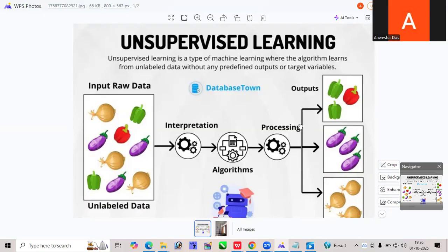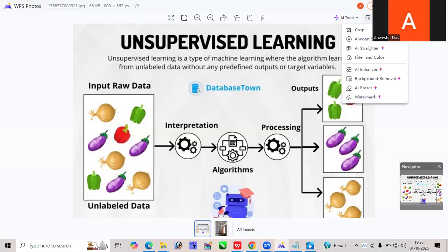And if you consider classification, the output column should have categorical data. And if you consider regression, the output column should have numerical data. Binary classification means there are two classes, multi-class classification means there are more than two classes.